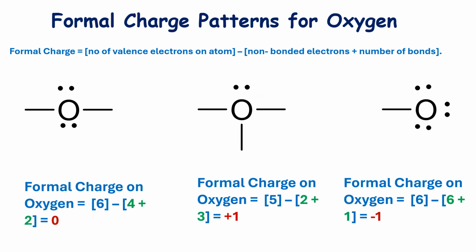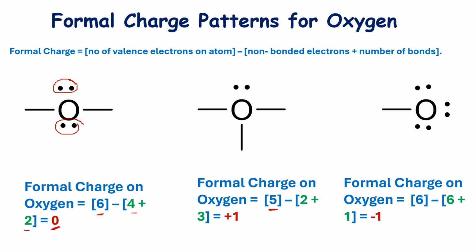We can also calculate the formal charge on oxygen. Oxygen has 6 valence electrons and this oxygen has 4 non-bonded electrons. So with 6 valence electrons, 4 non-bonded electrons and 2 bonds, oxygen has formal charge 0.